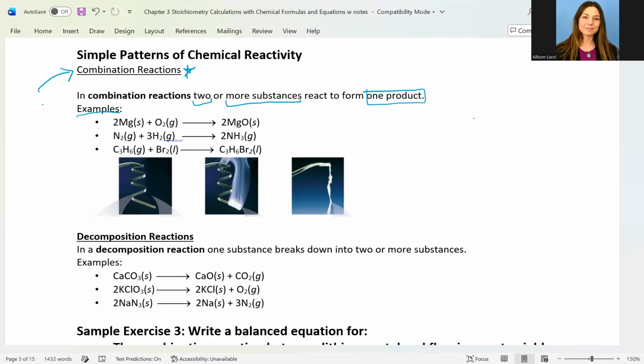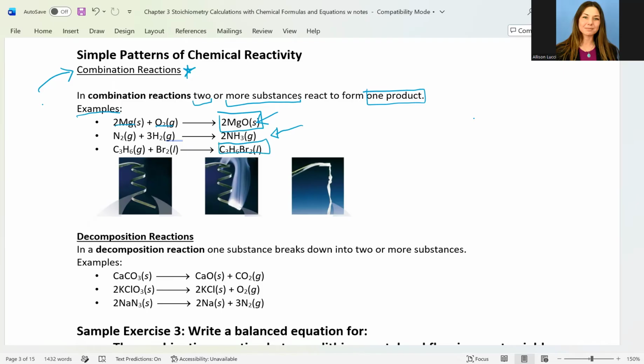We have 2 moles of magnesium, 1 mole of oxygen, and we end up with 2 moles of those combined in magnesium oxide. We see in the second example, 2 reactants, so nitrogen gas and 3 moles of hydrogen gas combined to form one product, our ammonia gas on the product side. And then lastly, C3H6 gas combines with bromine, and we end up with one product.